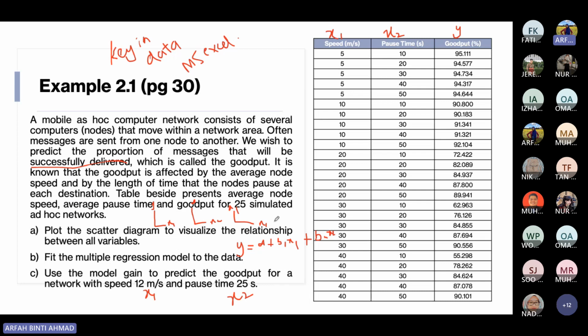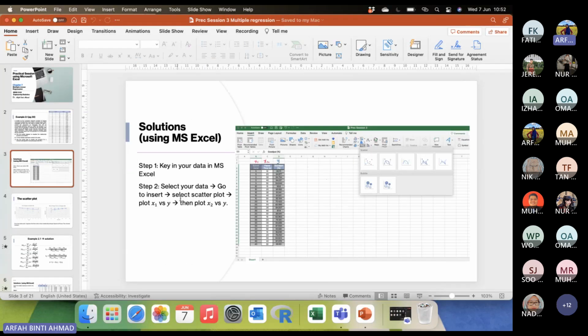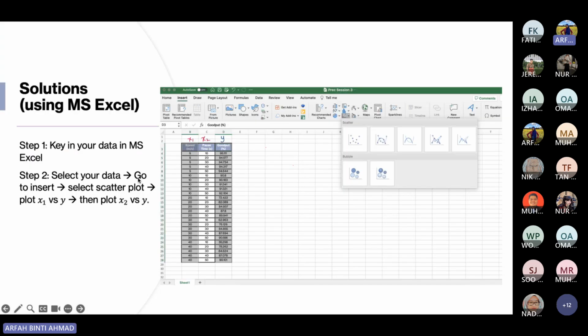So we are going to analyze this data by using Microsoft Excel. Okay, so first key in your data and select your data. Go to insert, select the scatter plot, plot x1 versus y, and then plot x2 versus y.